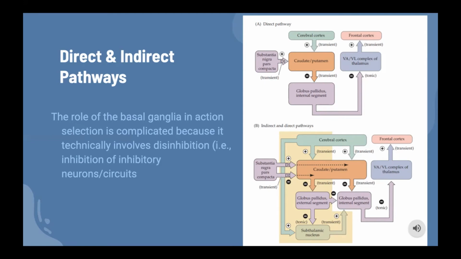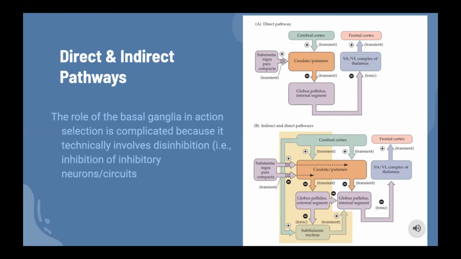For the indirect pathway, it starts the same with excitatory signals sent to the striatum from the motor cortex, which then sends inhibitory signals to the globus pallidus external segment. The external segment of the globus pallidus will send inhibitory signals to the subthalamic nucleus, which will then send excitatory signals back to the globus pallidus internal segment and the substantia nigra.